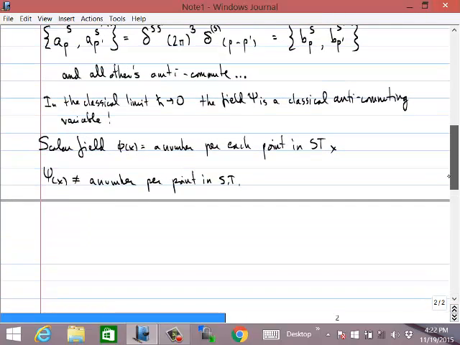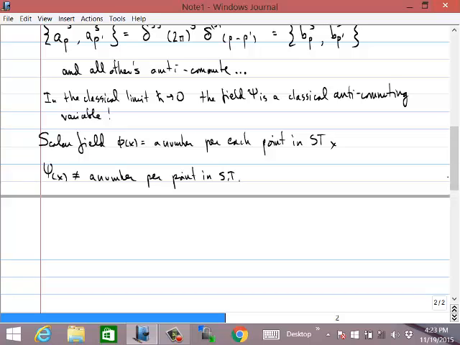And there's a name for this sort of mathematical object. We call it a Grassmann number, or an anti-commuting number. So in particular, psi is what's known as a Grassmann number, or really I should say it's a set of four Grassmann numbers because it's a four-component object per point in space-time.